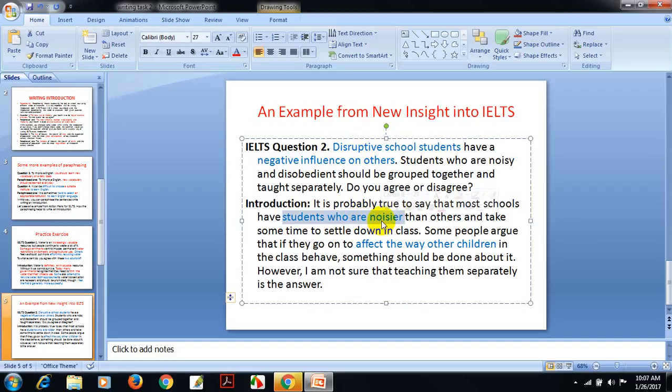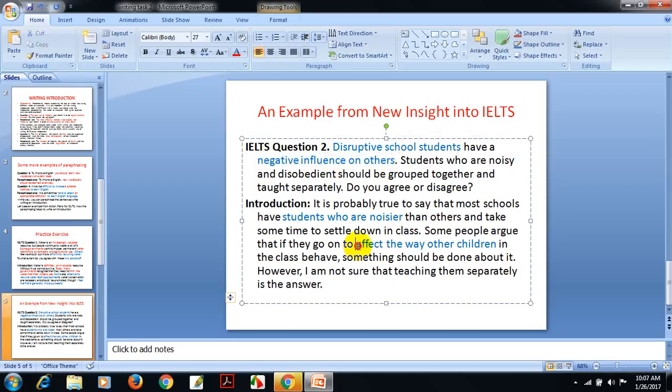Disruptive, noisier. Disruptive school students. Students who are noisier. Yes? And have a negative influence on others. Look here, have a negative influence on others.